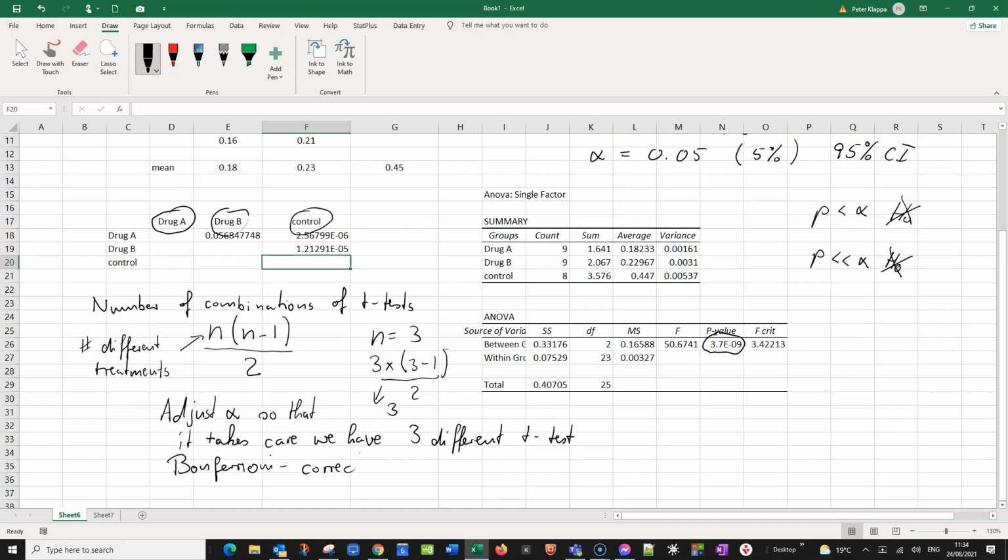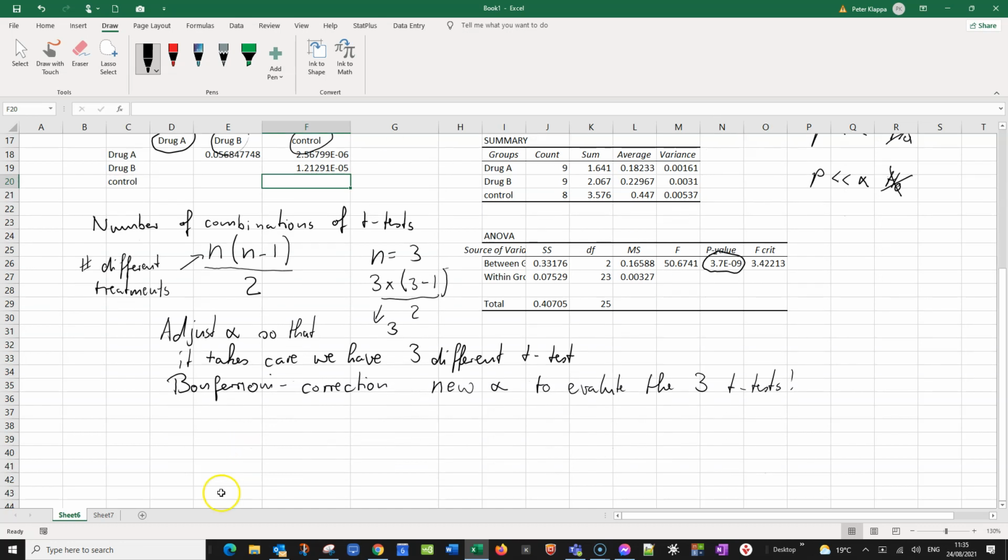It is very simple to do, because all we need to do is set a new alpha at which we evaluate the 3 t-tests. And this is pretty easy.